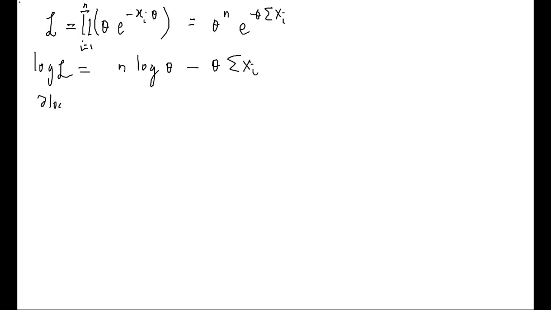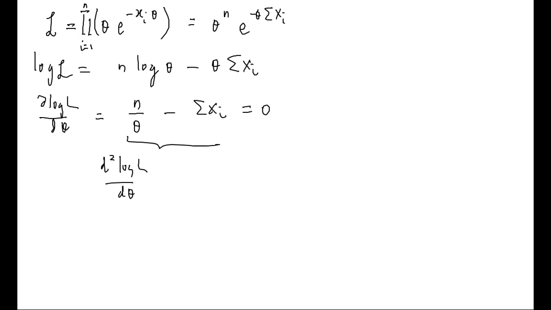You differentiate with respect to theta, you get n over theta minus summation xi, set to 0. Of course you can check this: if you differentiate twice, it is minus n over theta square, less than 0. This just makes sure that this stationary point is actually a maximum.